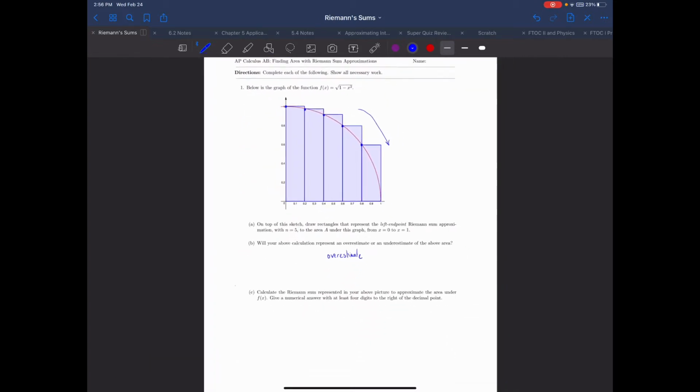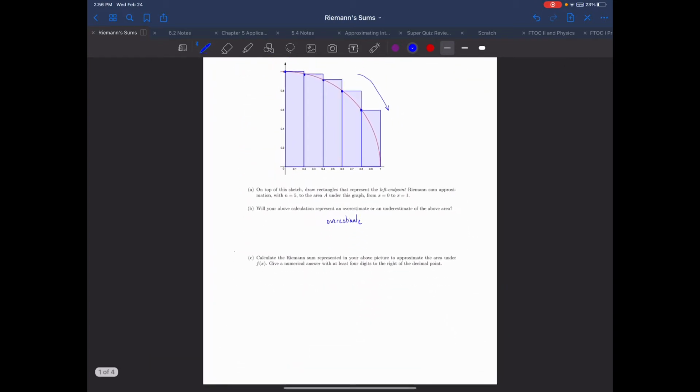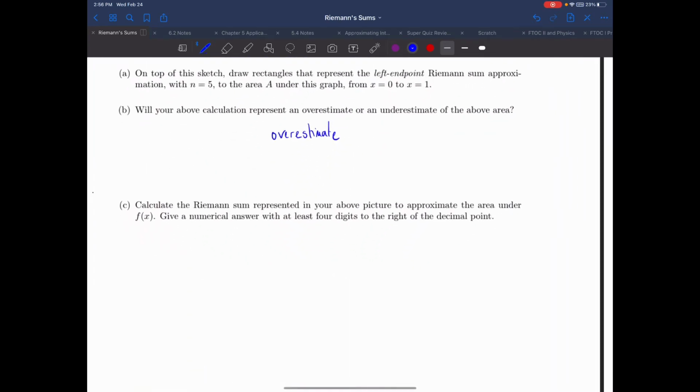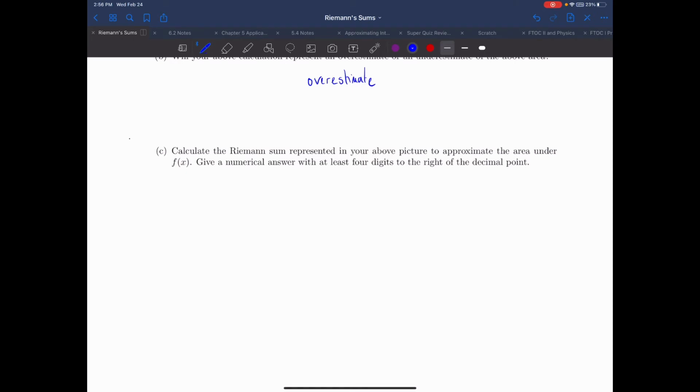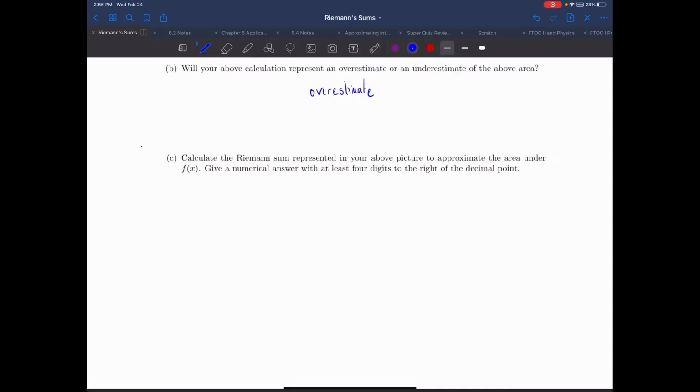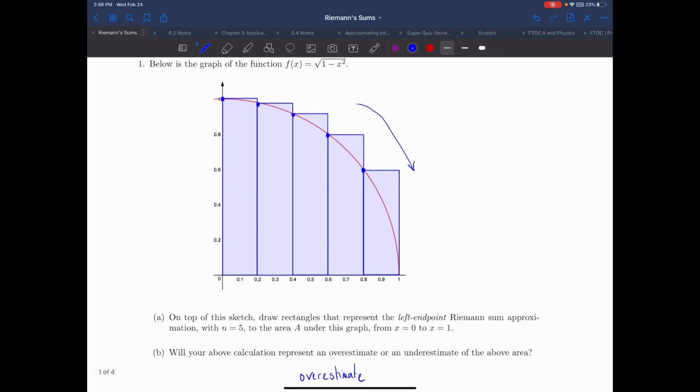In the next part, it says calculate the Riemann sum represented in your above picture to approximate the area under f of x. Give a numerical answer with at least 4 digits to the right of the decimal point. What we're doing in this picture is really just finding the area of each individual rectangle and adding them together.